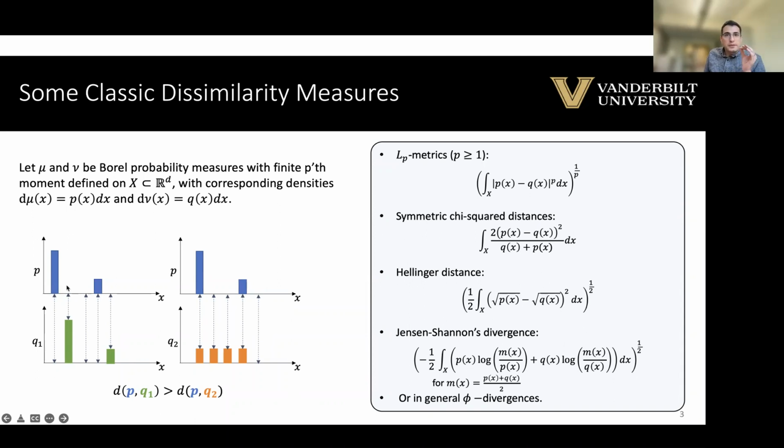But we can immediately see that all of these methods compare the distributions in a bin-wise manner: you look at P at x and compare it with Q at x. So all of these are going to tell us that P and Q1 are more dissimilar compared to P and Q2.